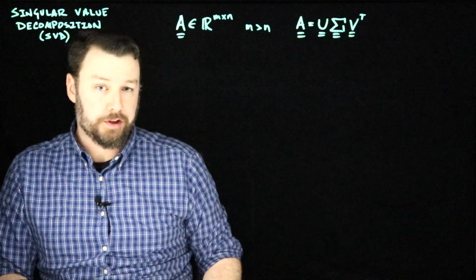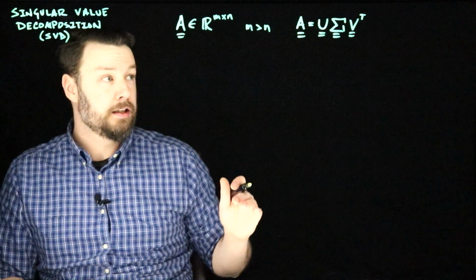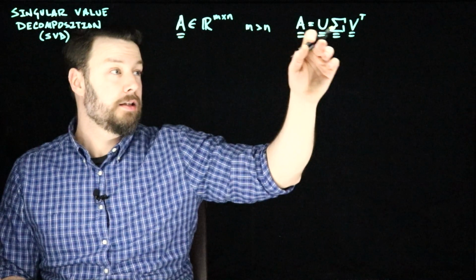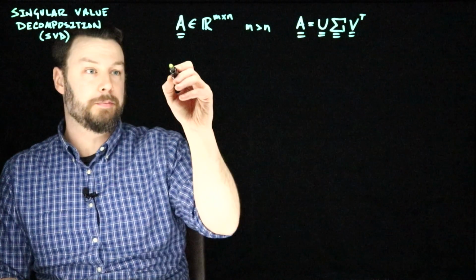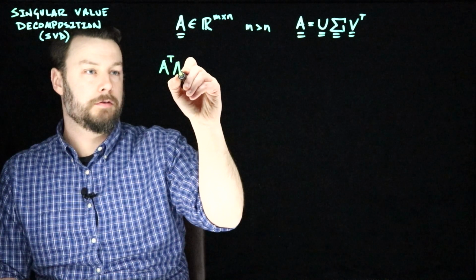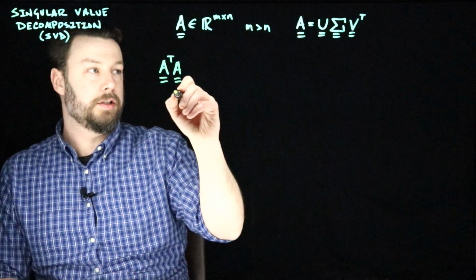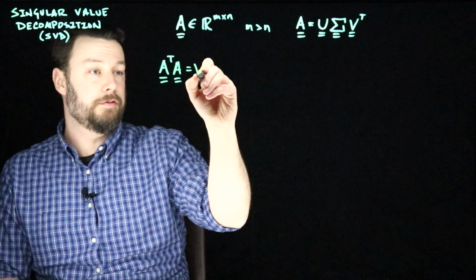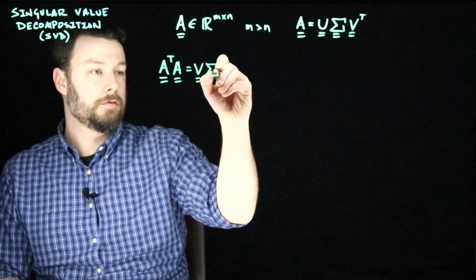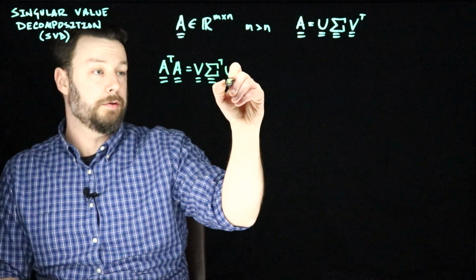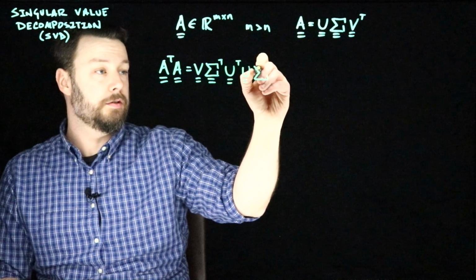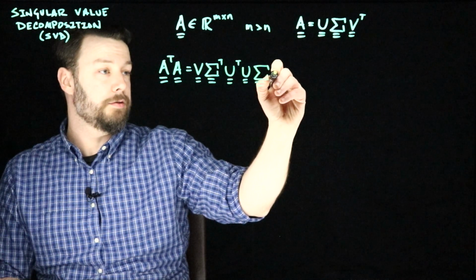Our starting point for thinking about how to compute the SVD of A is to imagine that we write down A transpose A in terms of these SVD components. So let's do that. A transpose A is going to be equal to V sigma transpose U transpose U sigma V transpose.